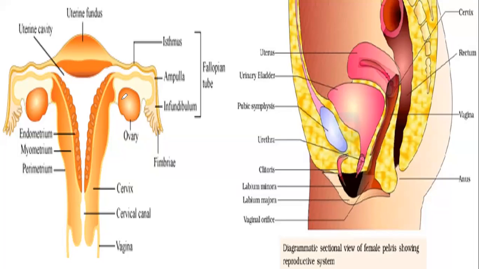Each ovary is about 2 to 4 centimeter in length, and it is connected to the pelvic wall and the uterus by ligaments. See, this is the ligament.